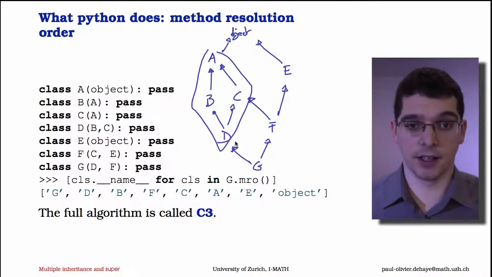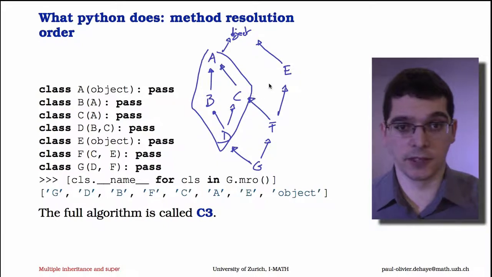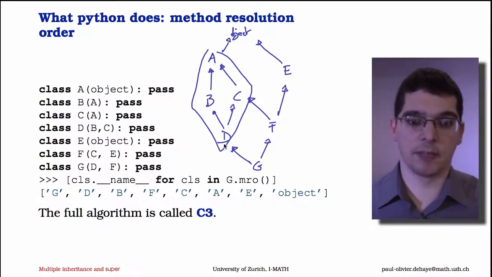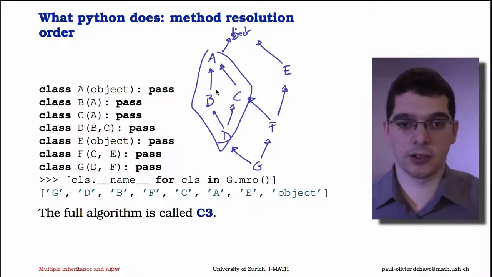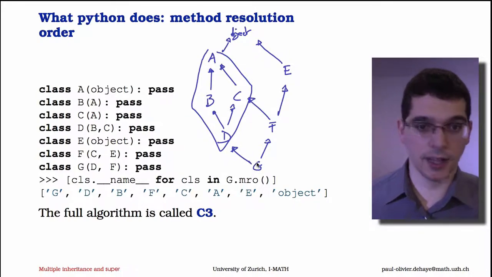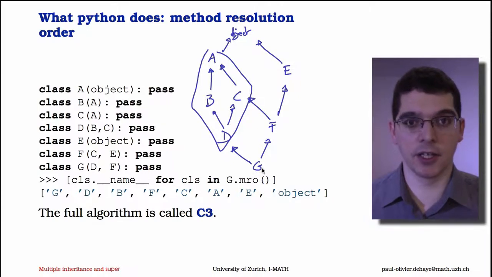For instance, how should E compare to B? That's not specified here. And I just said that the partial order here needs to be linearized. It's more here than just the partial order. Python takes an inheritance relationship as a vote in the partial order.